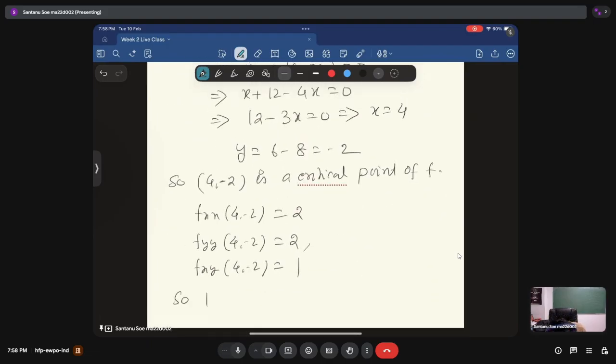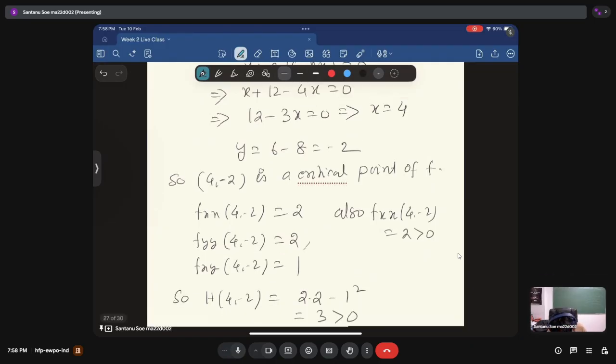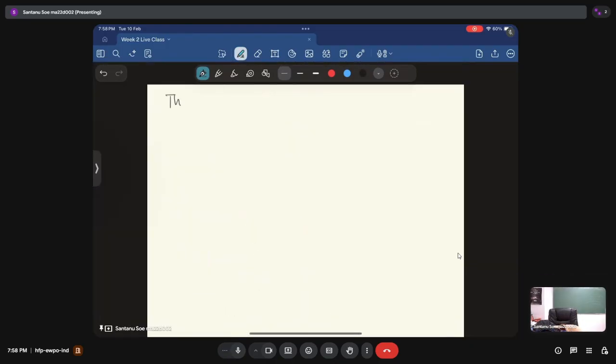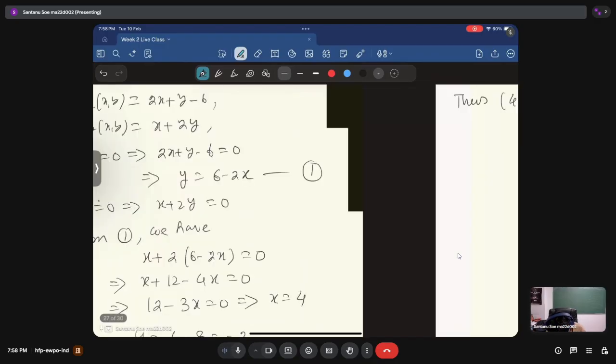So the Hessian at (4, -2) is 2 times 2 minus 1 squared, which is 3, and this is greater than 0. Also, f_xx at (4, -2) is 2, greater than 0, right? So thus (4, -2) is a point of local minima, correct?